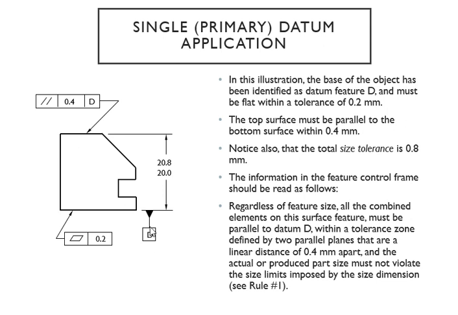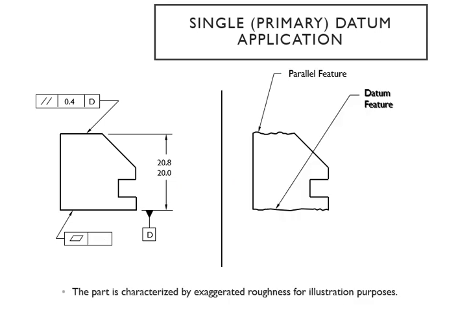Your datum, okay? Another tolerance is right here, and that's your size tolerance, 0.8. All you have to do is just subtract that. Okay, then we get into another one.